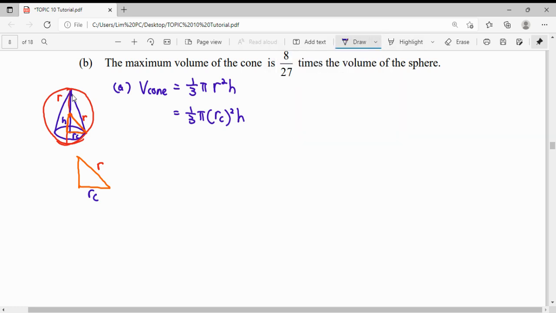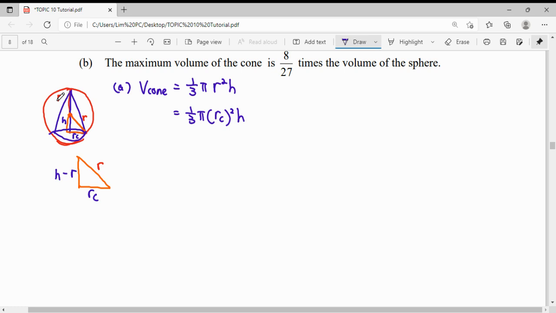So the height of this triangle will be equal to h minus r. From here we can get the relationship of the radius of the cone with the radius of the sphere.